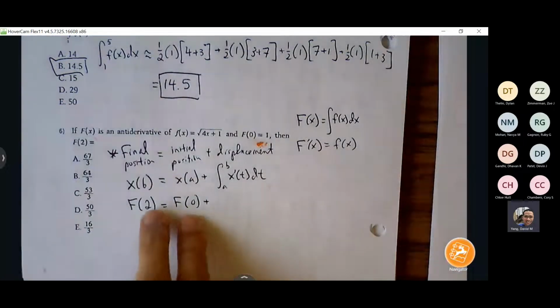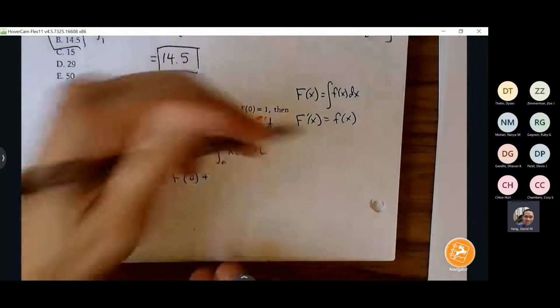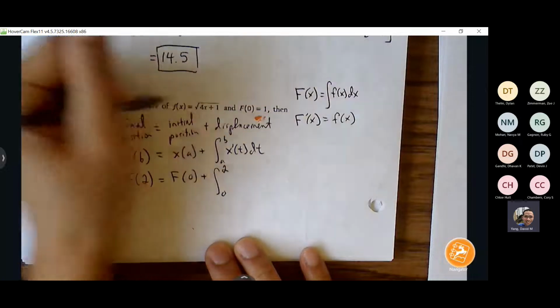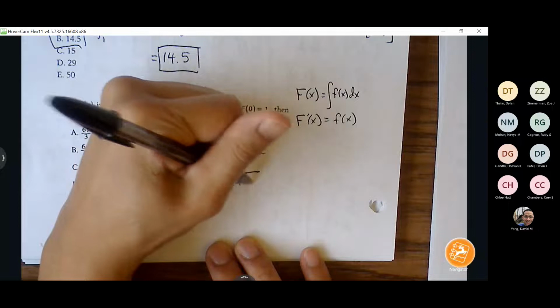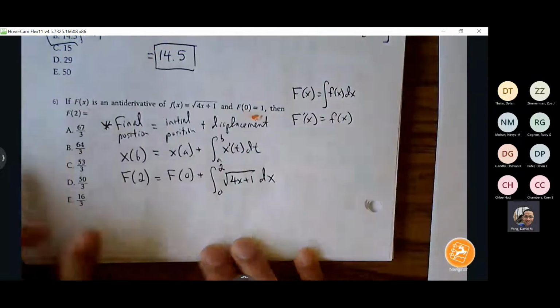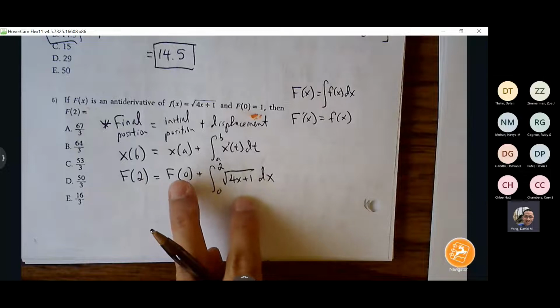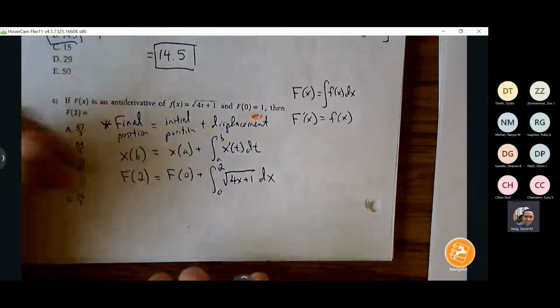I want to figure out how much distance is covered between these two points, bridging that gap between 0 and 2, and I have my F prime to tell me how much progress I made between the starting point and the ending point. I'll add these together and that'll give me uppercase F of 2.